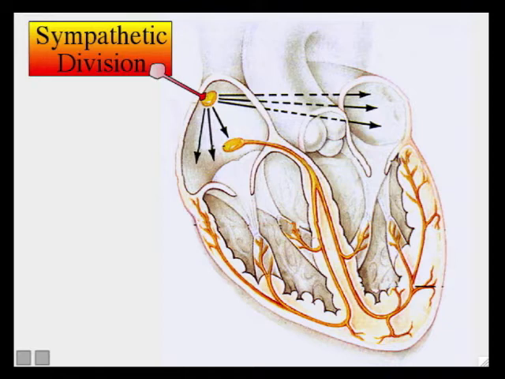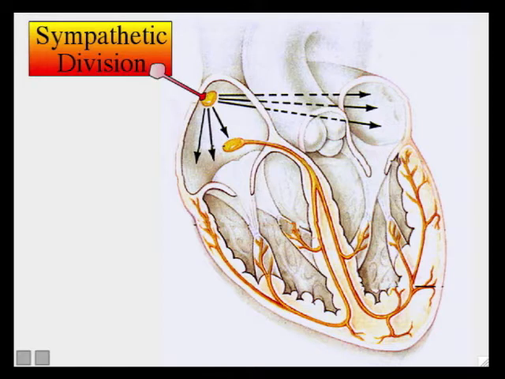That's the part that fires off more nerve signals when you're angry or frightened. And so when you're angry or frightened, your sympathetic division motor neurons send off more signals, and when the SA node gets those signals from the sympathetic division, it increases your heart rate.